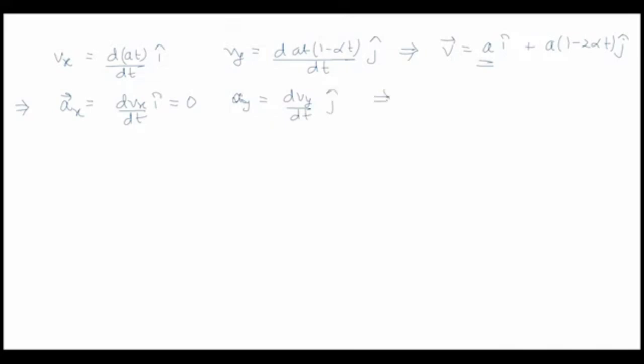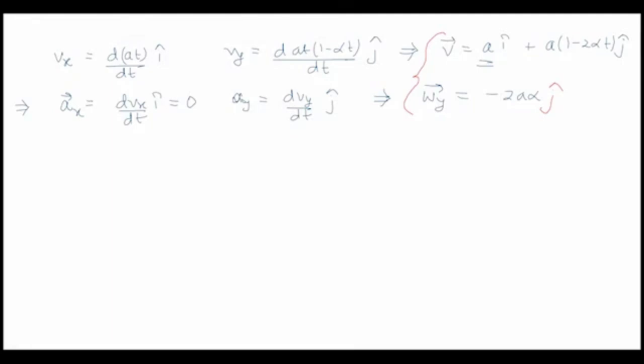So the acceleration along the y-axis, we are using w for this symbol, is equal to minus 2a alpha. So this is the net answer we are looking for. This is the velocity vector, and the acceleration vector is only along j cap. There is no i cap term in the acceleration equation.